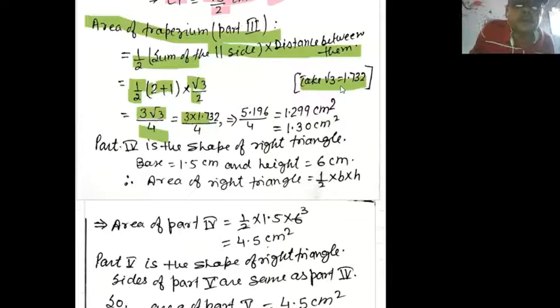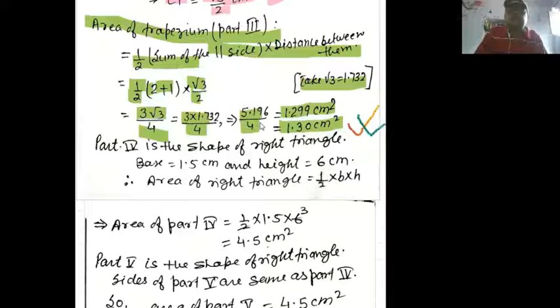Putting the value root 3 as 1.732, we get 5.196 upon 4, equal to 1.299 centimeter square. That can be written in round figure as 1.30 centimeter square.